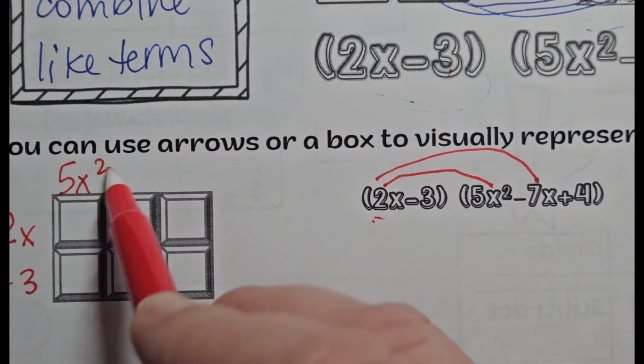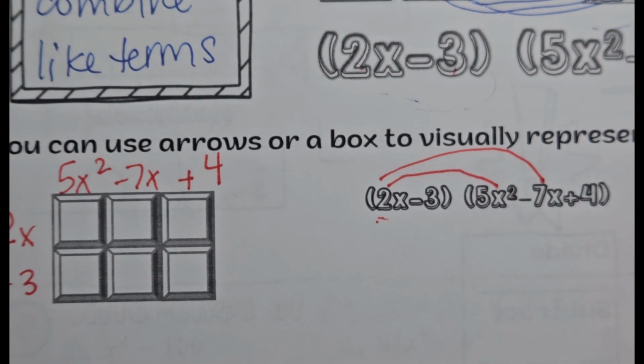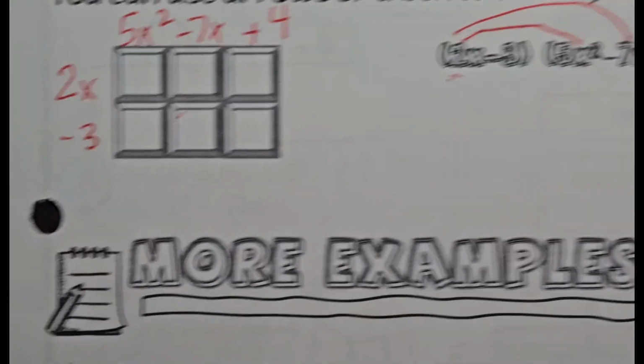Our other one is a trinomial, so we put that up here: 5x squared minus 7x plus 4. That's just a way to visually help us organize. Now we multiply each pair of terms and write the answer in the box. When we're done, our box will be filled with terms and we can simplify from there.